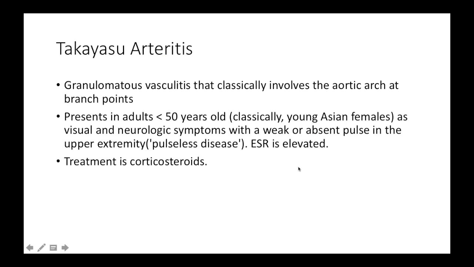Okay, so the second type of large vessel vasculitis is Takayasu arteritis. This one is also a granulomatous vasculitis, which involves the aortic arch at its branch points. It is present in adults under 50 years old.